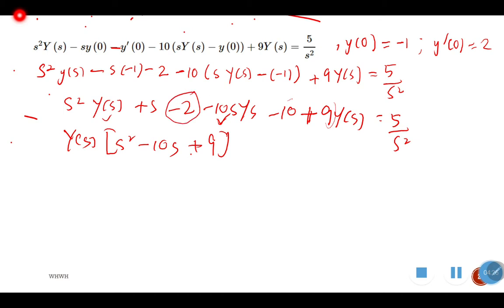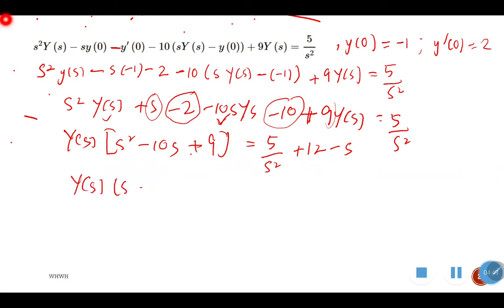Minus 2 and minus 10 add up to minus 12, bring it to the right hand side so it becomes plus 12, and s goes there as minus s. You can factor s squared minus 10s plus 9 further into s minus 9 times s minus 1. So we have 5 over s squared plus 12 minus s.